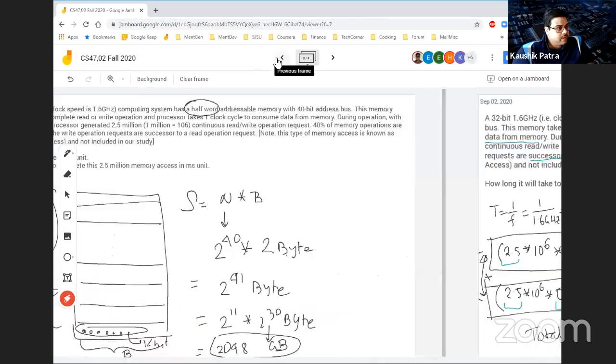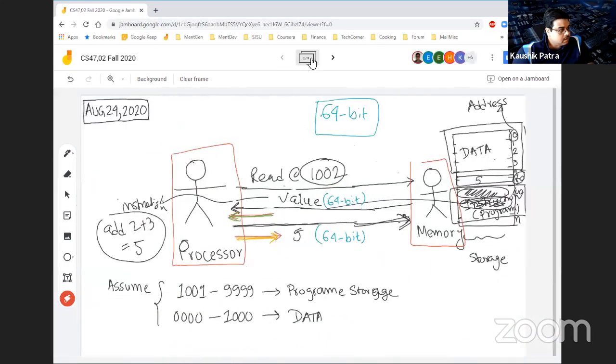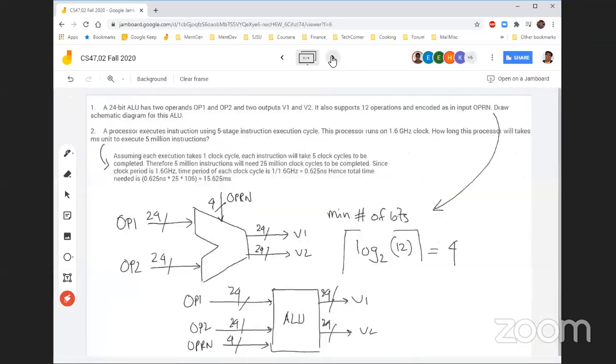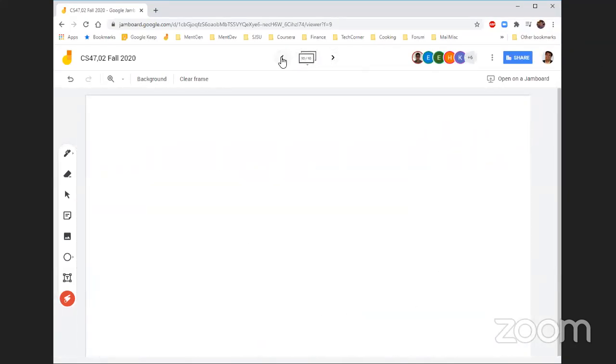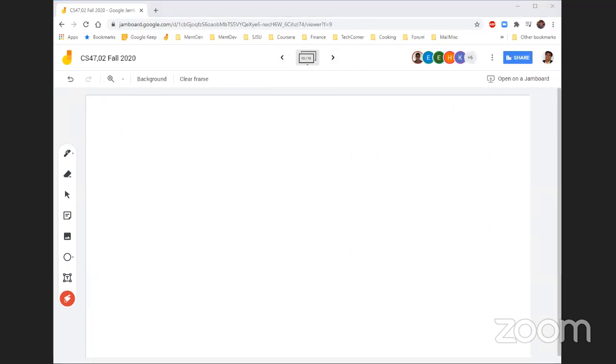Maybe let me see if we have a timing diagram somewhere. So I guess the address line is available, and it is something like this.